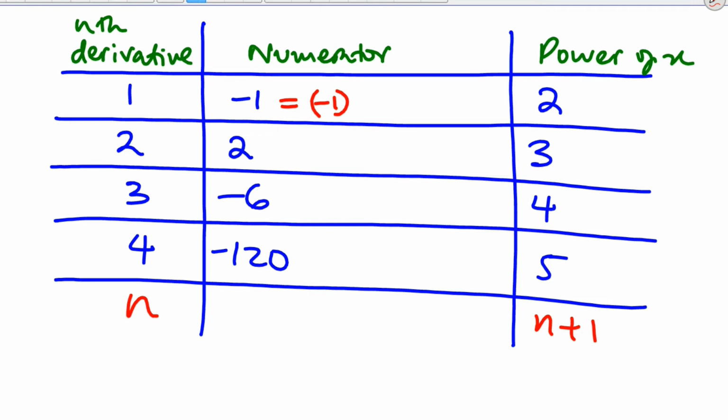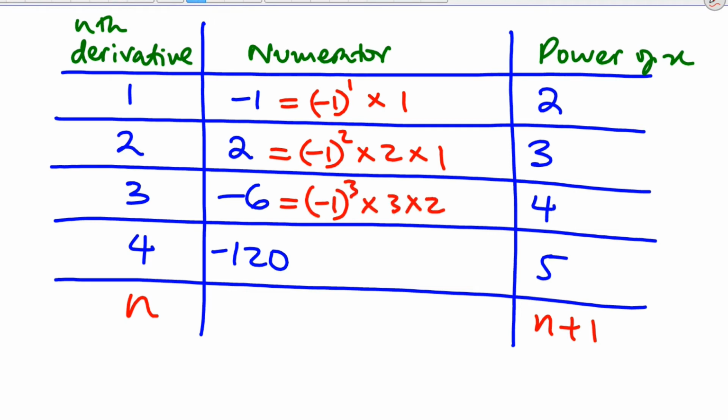So here we have -1, which is like -1 to the power 1 multiplied by 1. This is the same as -1 to the power 2 multiplied by 2 multiplied by 1. This is the same as -1 to the power 3 multiplied by 3 multiplied by 2 multiplied by 1, which is 6. This is the same as -1 to the power 4 multiplied by 4 multiplied by 3 multiplied by 2 multiplied by 1.